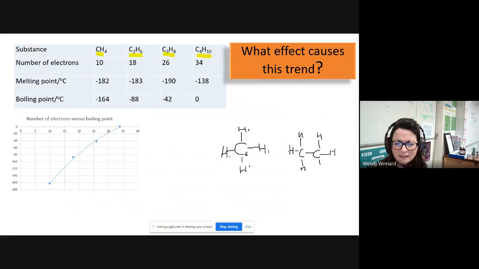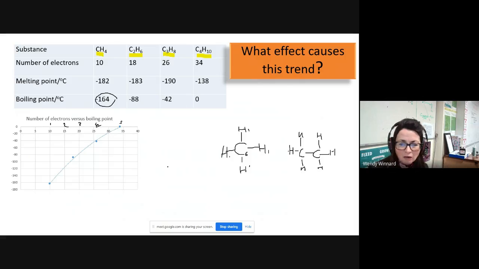How is that even affecting the boiling point? If we were to plot a graph of carbon number, with 1 carbon, 2 carbons, 3 carbons, 4 carbons, 5, and so on, the energy needed to overcome the force of attraction between molecules increases.